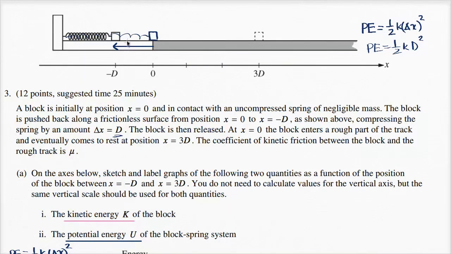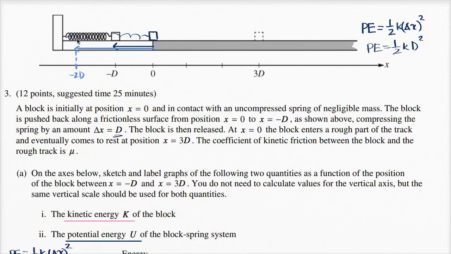Now this new scenario, we could call that scenario 2, we are going to compress the spring twice as far. So we're going to compress it by 2d, so this is x equals negative 2d here. What's being proposed by the student is, if we compress it twice as far, we're definitely going to have more potential energy here because it takes more work to compress the spring that far.